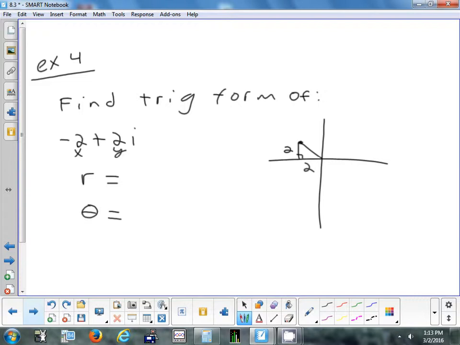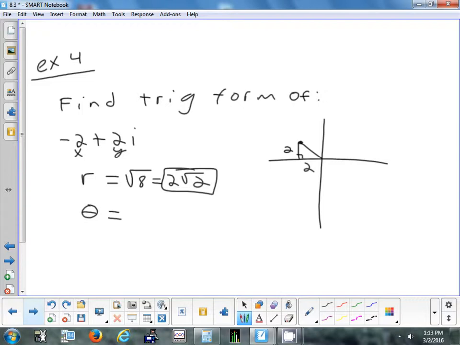It's going to be the square root of 8. 2 squared is 4, 2 squared is 4, 4 plus 4 is 8. Add them up and take the square root. And that simplifies to 2 square root 2. Okay, so there's your radius.